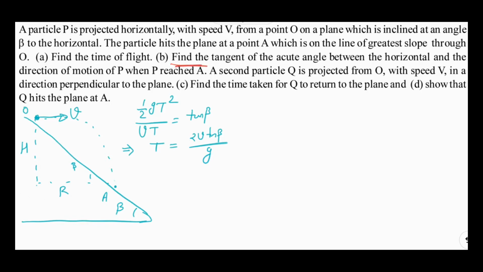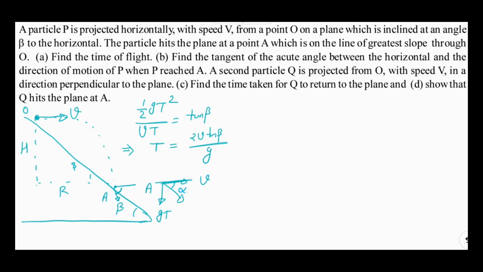In the second part, we need to find the tangent of the acute angle between the horizontal and the direction of motion of the particle when the particle is reaching A. So we need to find the velocity's angle at this point with horizontal. Velocity will have a horizontal component of v and vertical component of gt.